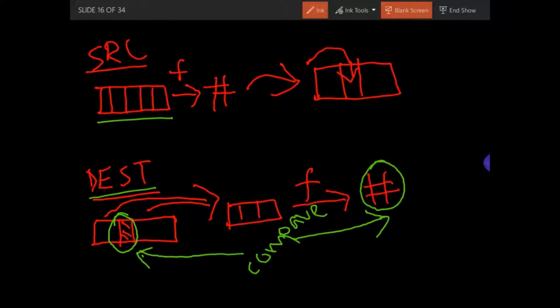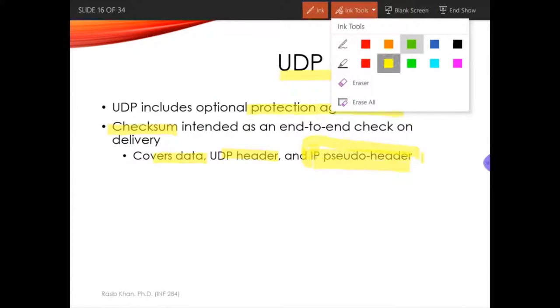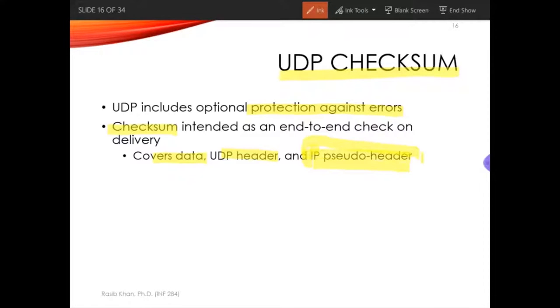If the comparison shows that they are not equal, that means the datagram has been modified while it was being transferred from the source to the destination. The fields included while calculating the checksum cover the data, the UDP header, and the IP pseudo header, which we have already explained, that is the IP addresses and some relevant information from the network layer.